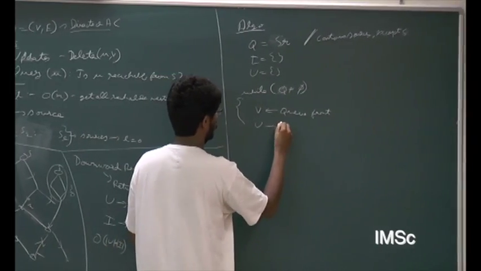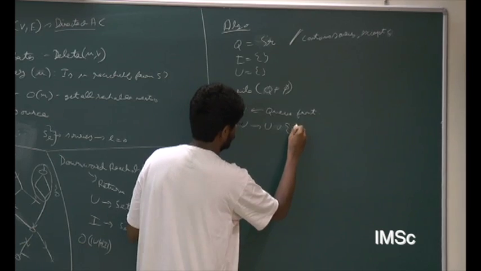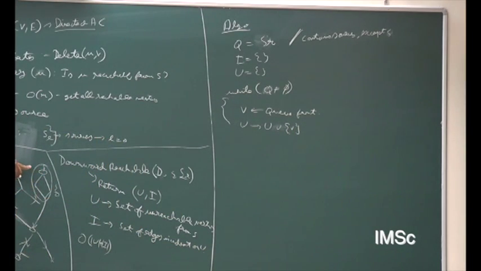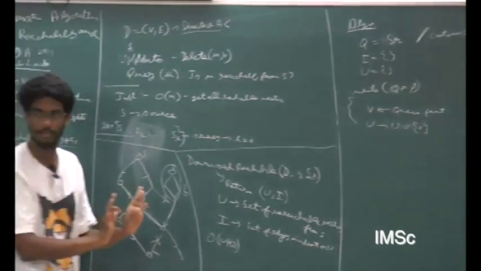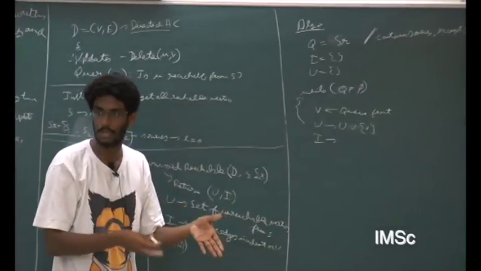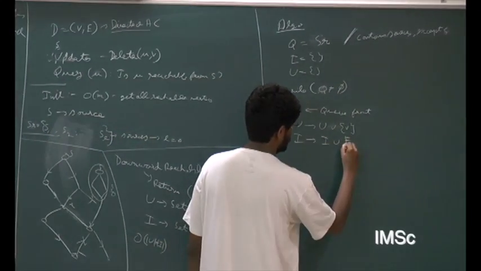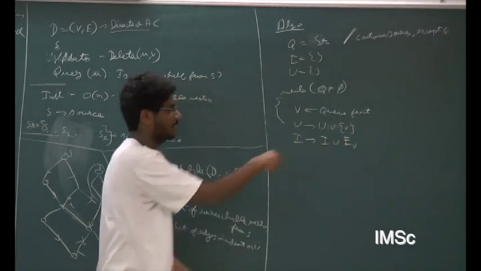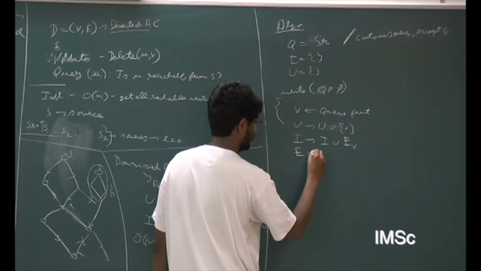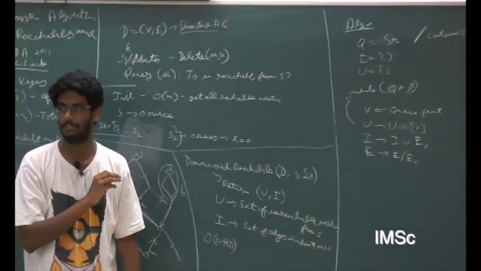So U to U union V. Now, suppose you delete this source, you can delete all its edges. Take all the edges incident on V, add it to I. EV is the edges which are incident on V. And you delete these edges from the actual graph itself.